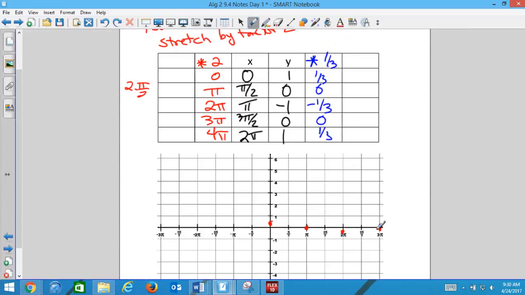So you can go off the graph if you'd like, or you just have to continue the pattern the other way. You just show as much as you can of it. So this one will be at 0, this one will be at -1/3, this one will be at 0. Kind of messy.